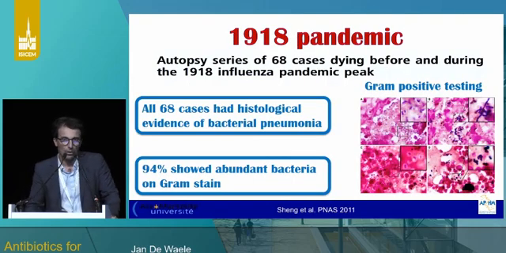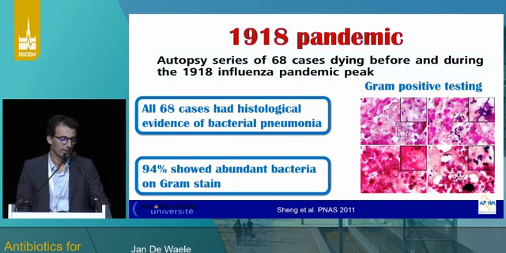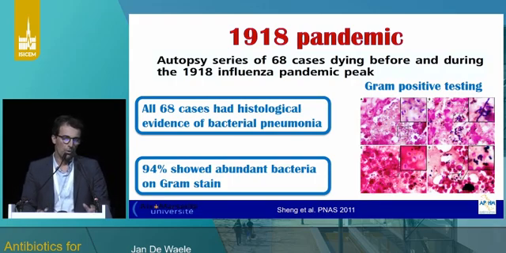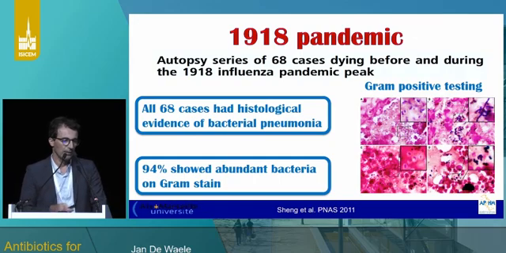We all have in mind the 1918 pandemic, in which, in the autopsies, very lately, the cause of death was identified as a gram-positive infection due to Streptococcus and Staphylococcus.